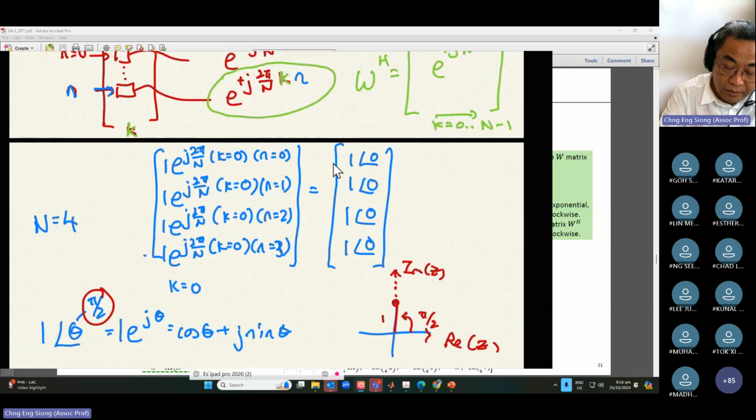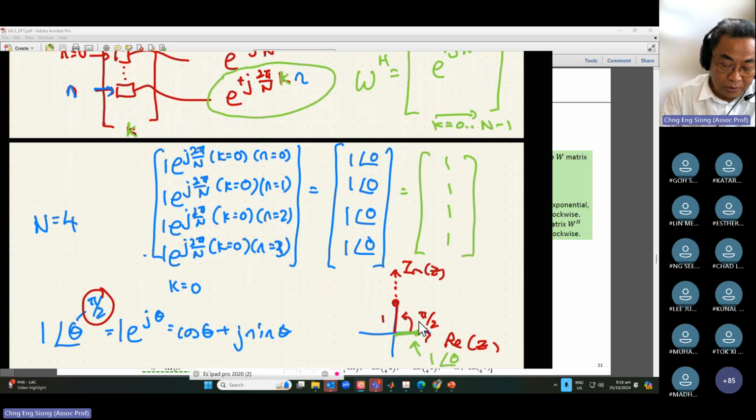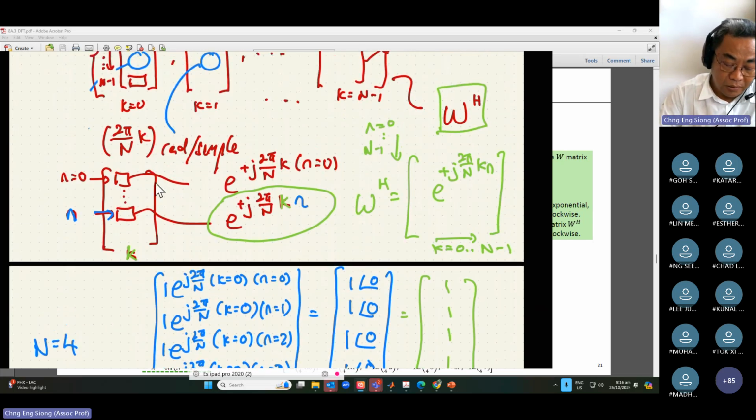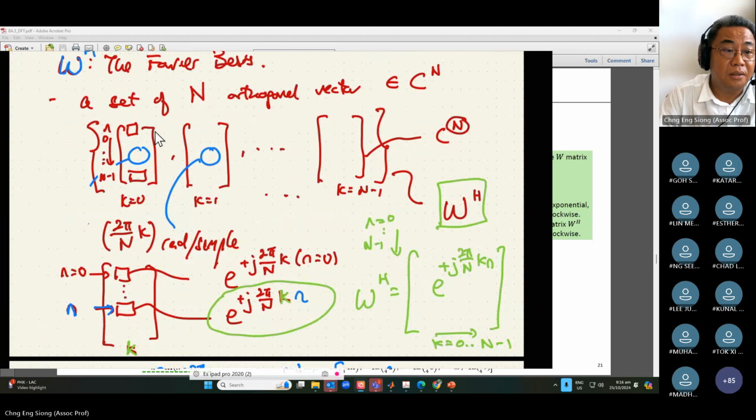It is simply 1 along the real axis. So this first column is all ones.